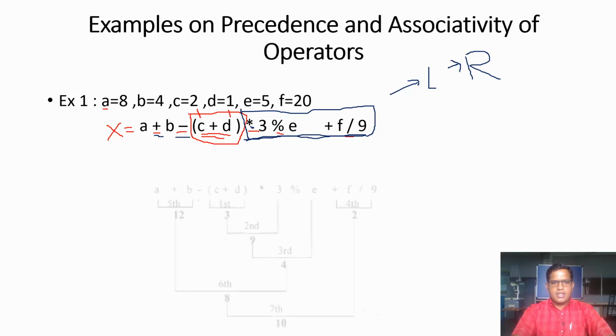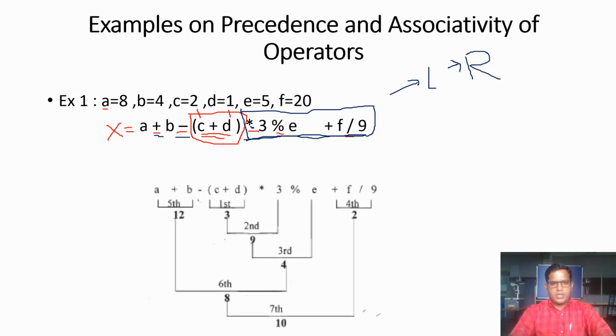This is the sequence of operations. First the C plus D bracket is solved, then multiplication, modulus and divide have the same priority. So it is going to check the associativity associated with these operators, and as these operators are having left to right associativity, first the multiplication is done, then on the obtained result, this modulus E operation is done.